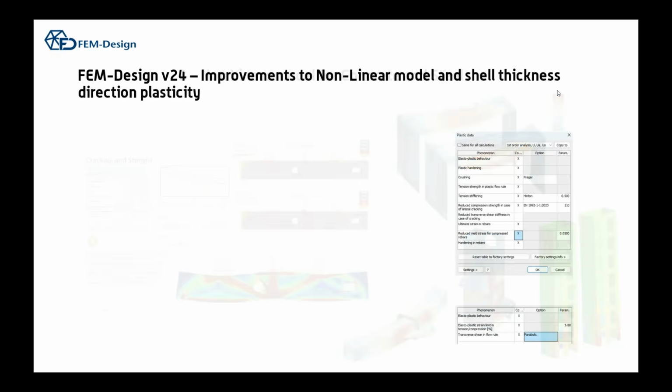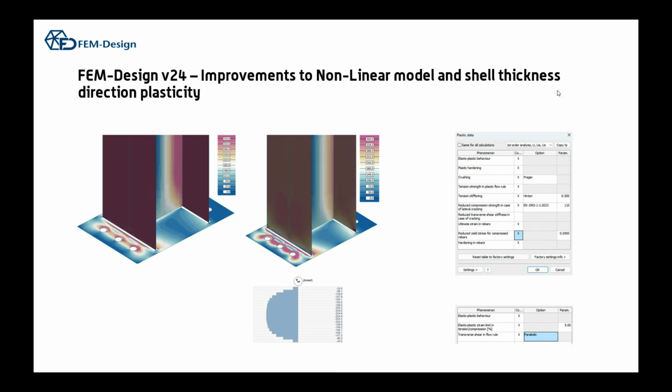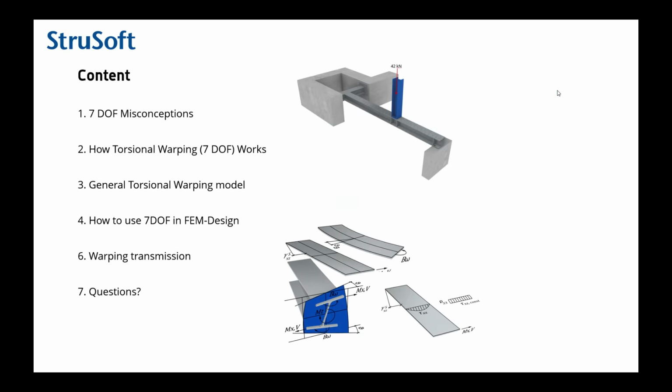And last year, we modified the material model and did thickness-wise plasticity for steel and a few modifications to the concrete nonlinear model. So there has always been, like every year, some finite element development going on, and this year is not an exception. This year, we developed a 7 degree of freedom beam model, and we're going to talk about that today.